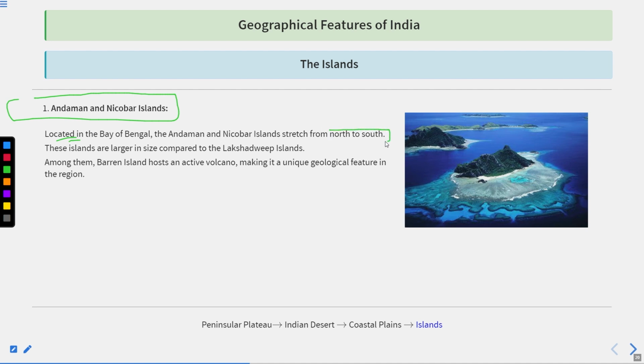These stretch from north to south. These islands are larger in size compared to the Lakshadweep Islands. Among them, Barren Island hosts an active volcano, making it a unique geological feature in the region. And remember, Barren Island is the only active volcano of India.